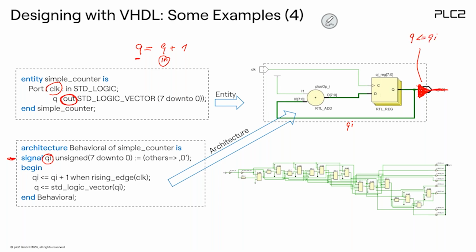So Q is always an output as defined here, and QI is the internal signal which is used always. That's what I do all the time because I don't like to deal with buffer, because buffer is not real. It's an artificial construct. That's it.